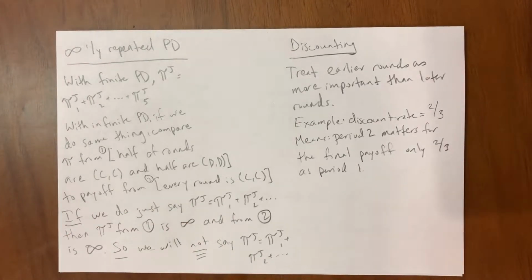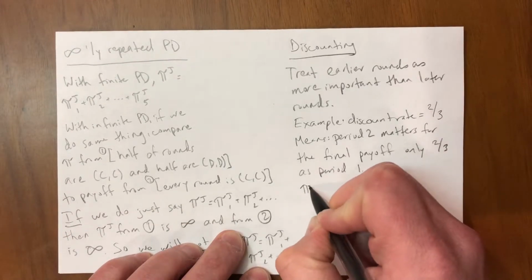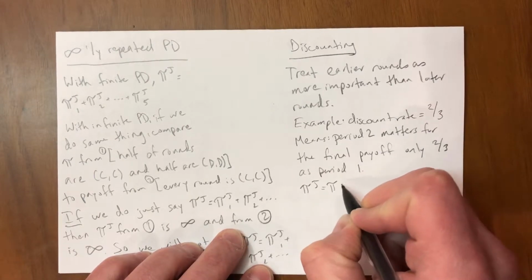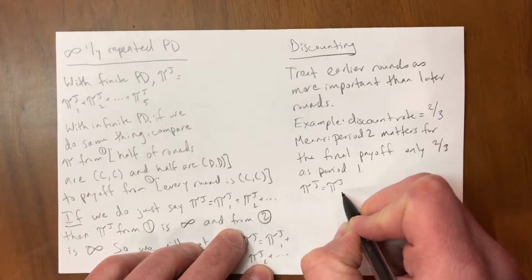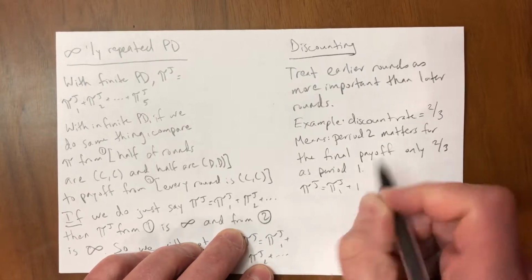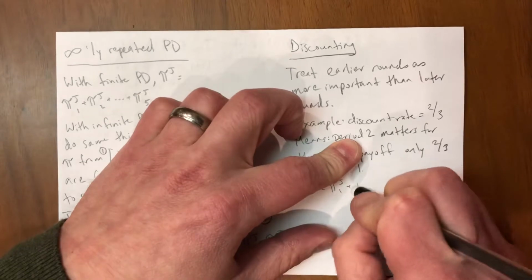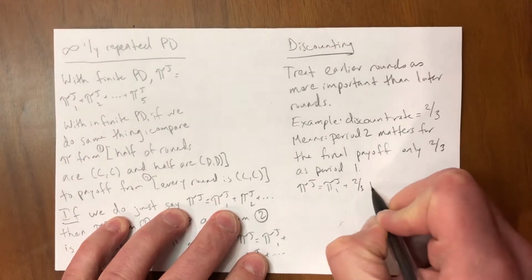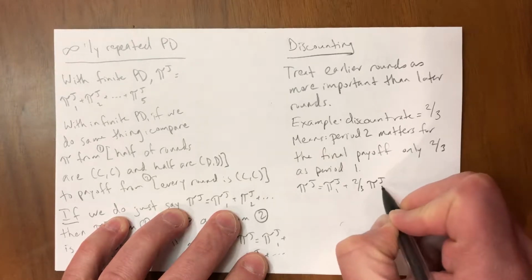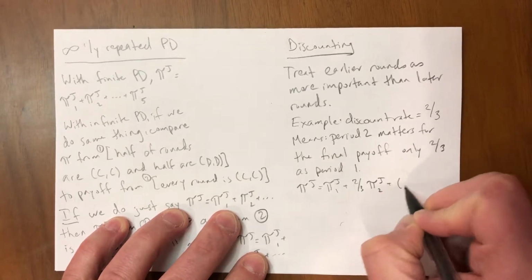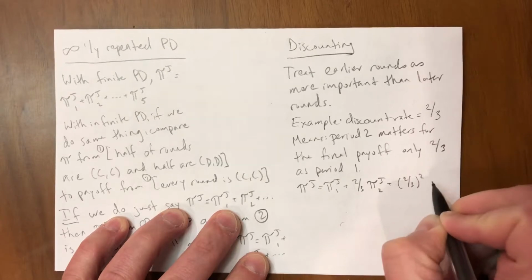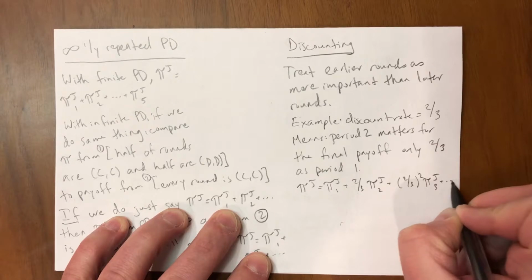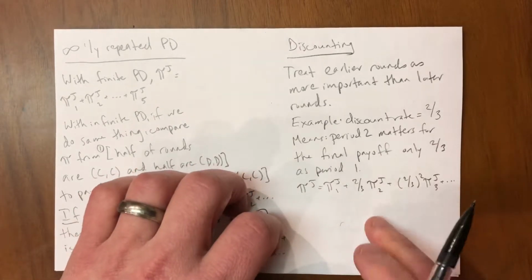And so more broadly, we would write pi sub j is equal to pi sub j in the first period plus two-thirds pi sub j in the second period plus two-thirds pi sub j in the third period plus, and this thing can now go on forever.